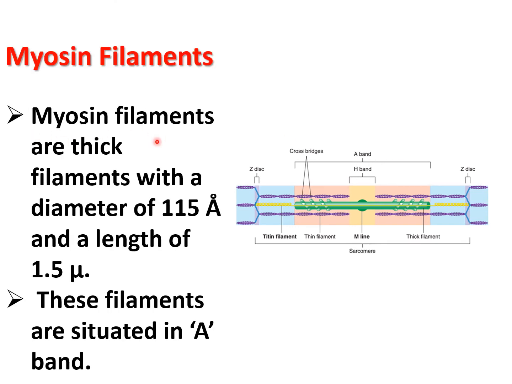Then myosin filaments. They are thick filaments with a diameter of about 115 angstrom and a length of 1.5 micron, and these filaments are situated in the A band.